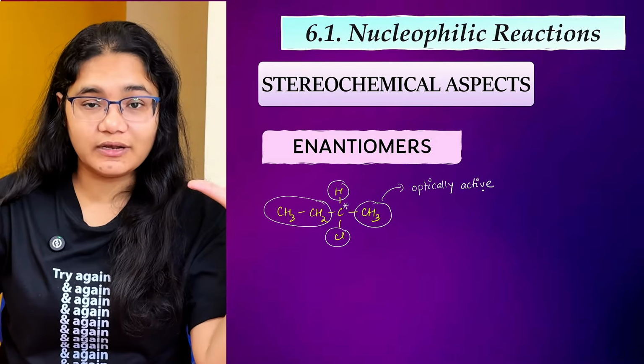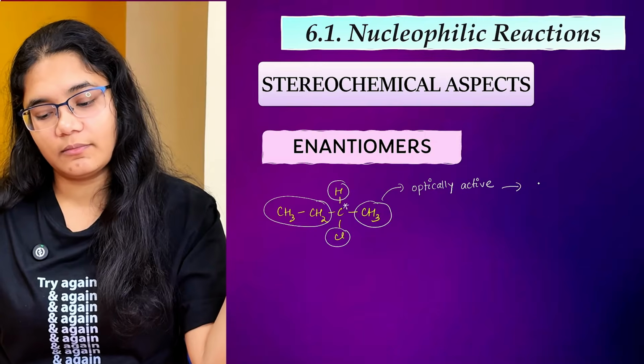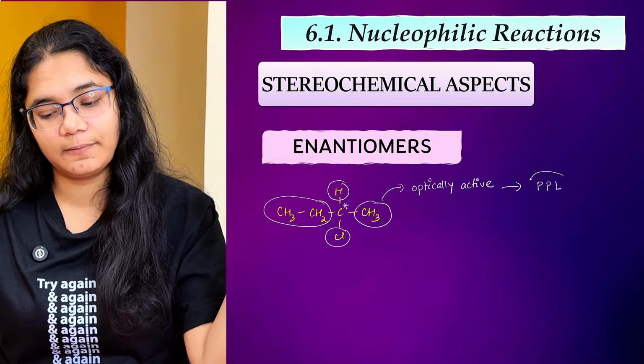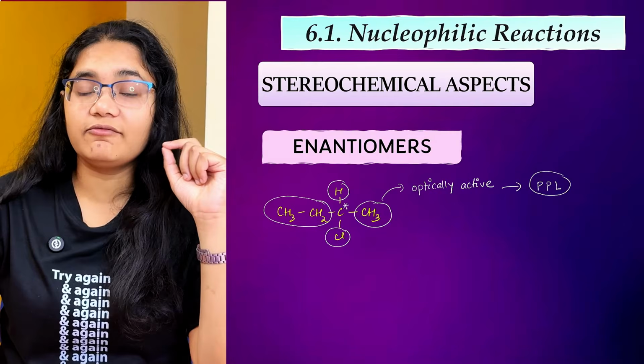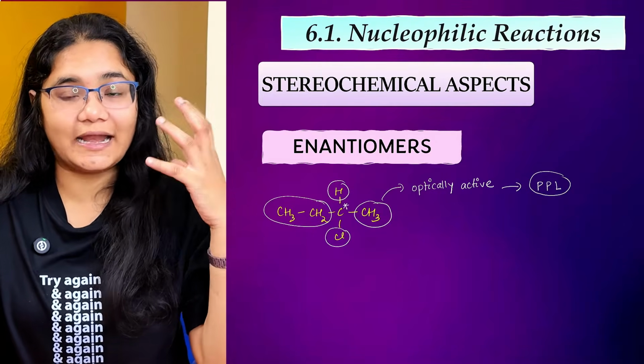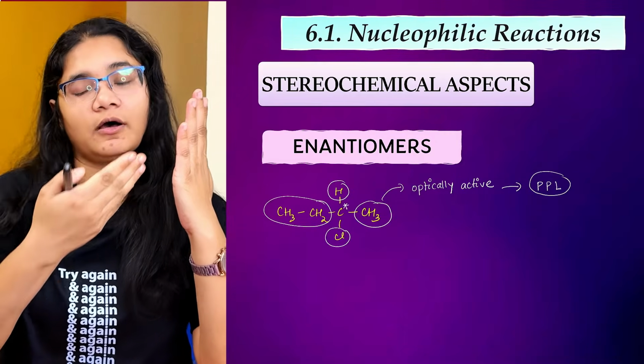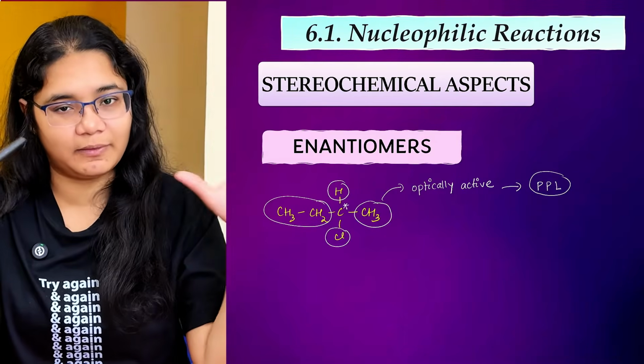Now, if this molecule is optically active, what will it do? It will rotate the plane polarized light. There are two possibilities for the rotation of plane polarized light. I'm writing PPL for plane polarized light.